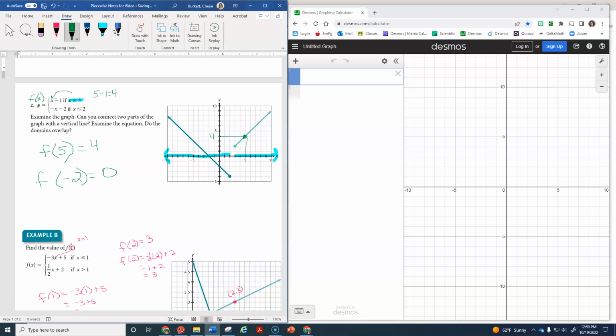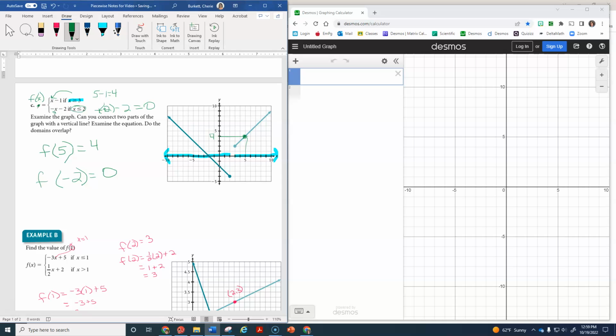Negative 2 is a number that's less than 2, so we'll plug the negative 2 in right here. The 2 that I'm plugging in is a negative, so we have minus a negative, and then negative 2. So those two negatives make a positive, positive 2, negative 2. I can algebraically calculate that to be 0.